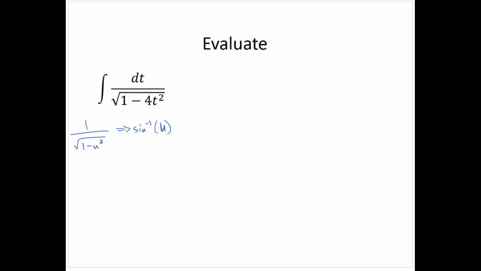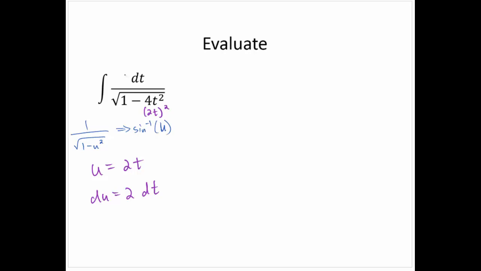Wait a second, isn't 4t squared 2t squared? So I'm going to let u equal 2t, then du would be 2 dt.